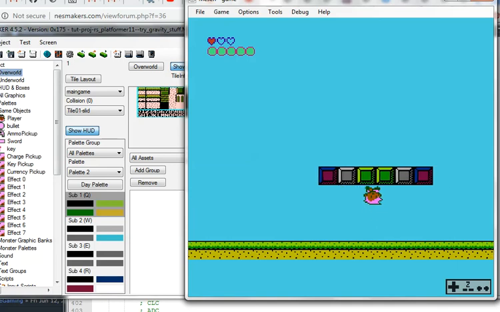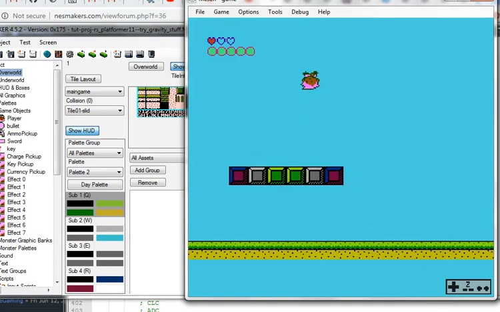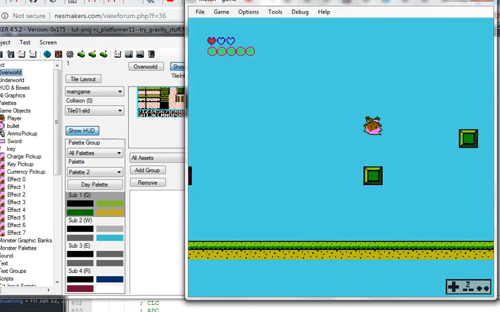But the problem is that if I try to jump into a platform here, then it actually goes through. And I don't know why that is.